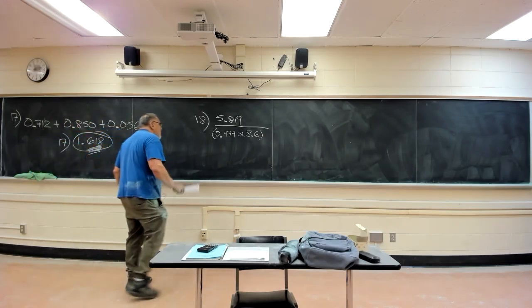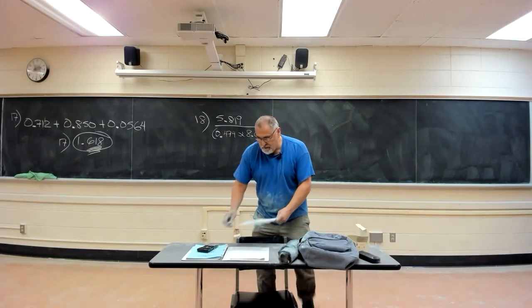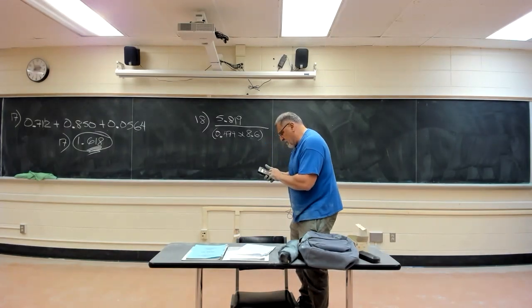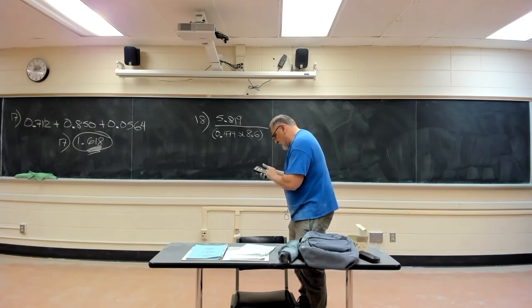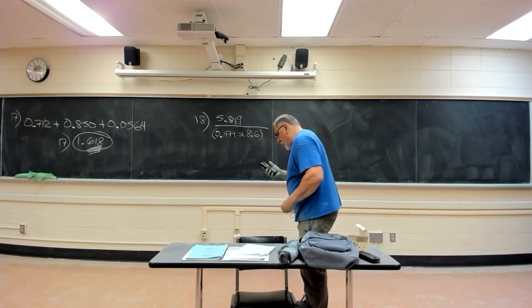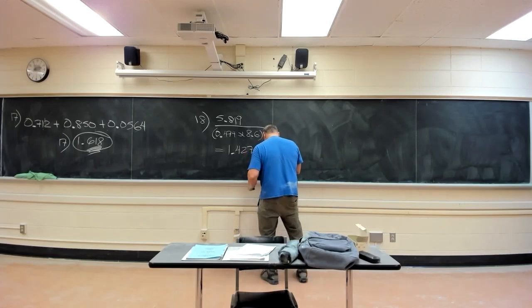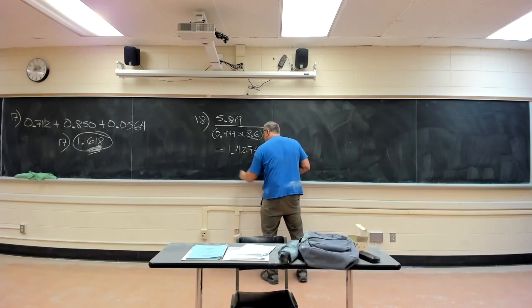And for 18, it's going to be 2 significant digits that you're going to take this thing to. 5.819 divided by that product, 1.42748. 2 decimal places is what's going to rule the show on that.